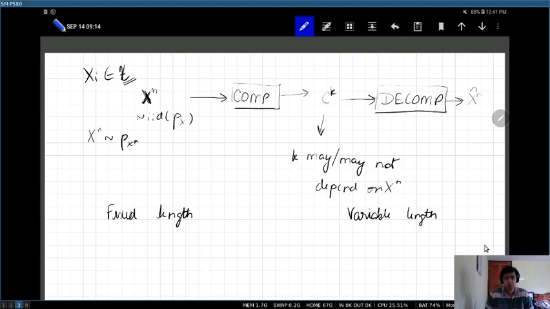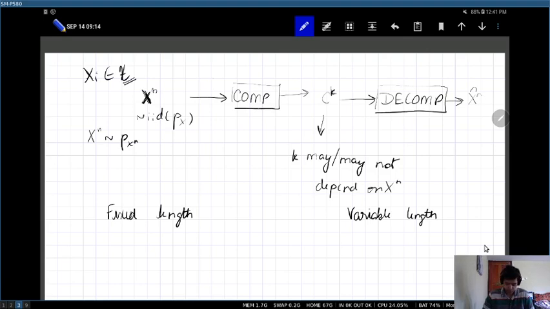But for the most part, we'll assume that the vector x^n consists of independent and identically distributed components, where each component is distributed according to P_X. So P_X is a probability mass function on script X, and x^n is IID according to P_X. For at least the first few videos, we'll assume that x^n is IID, but later on we'll see what happens if x^n is not IID.